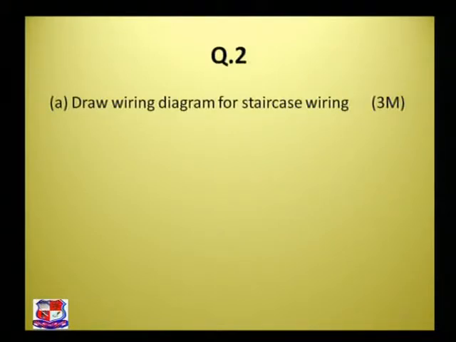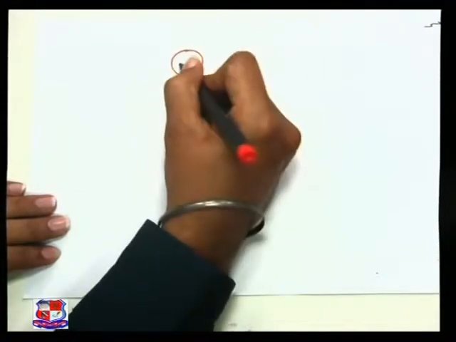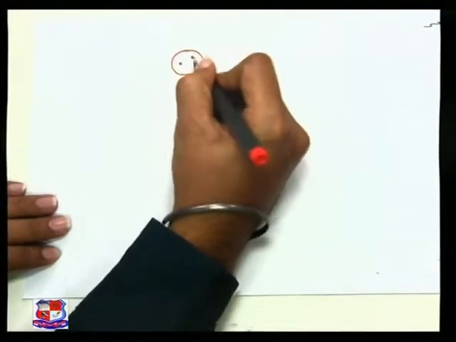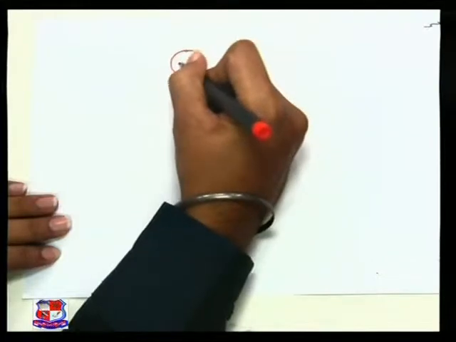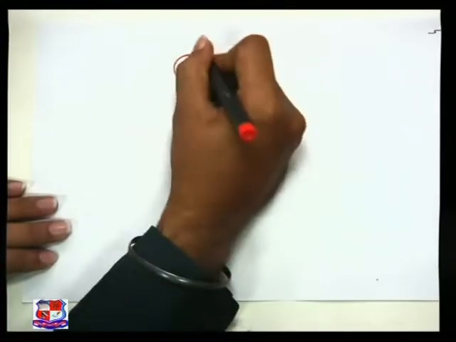2-way switches I will draw. Okay, if you see this, this is a switch, right?